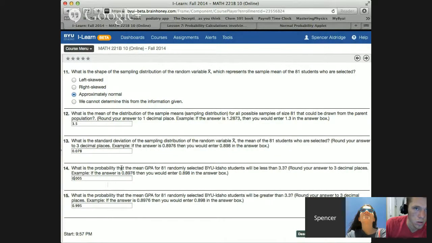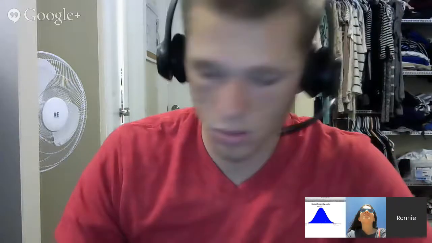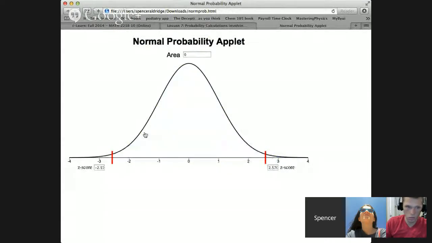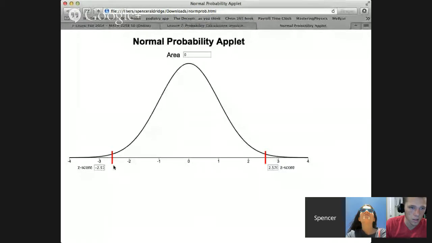Wait, I got 0.0051. How did I get that again? So the z-score that we got was negative 2.571. And if you look at my applet, am I still screen sharing? I'm on my applet and it's giving me bad data. Because the z-score is negative, that's the value we want to look above.